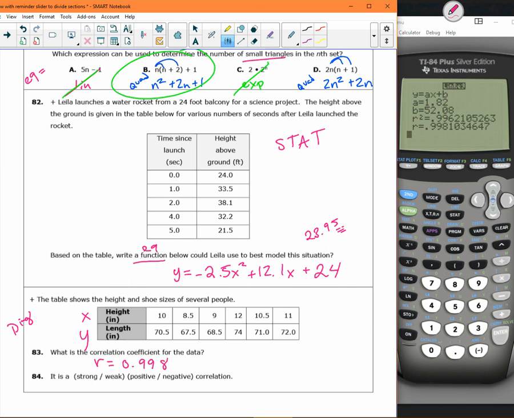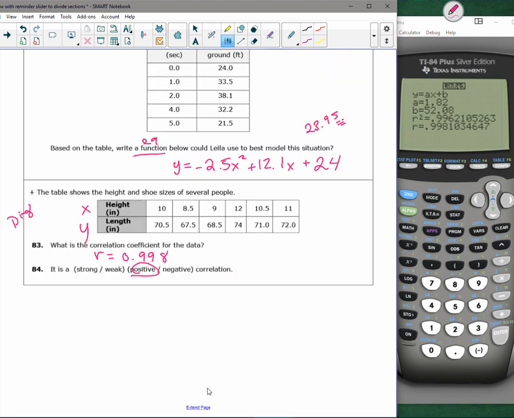All right. So my correlation coefficient is 0.998. I know it's going to be positive because my r correlation coefficient is positive, but I've got to decide if it's strong or weak. Even though I go from -1 all the way up to 1, I think about it as from 0 to -1 and 0 to +1.